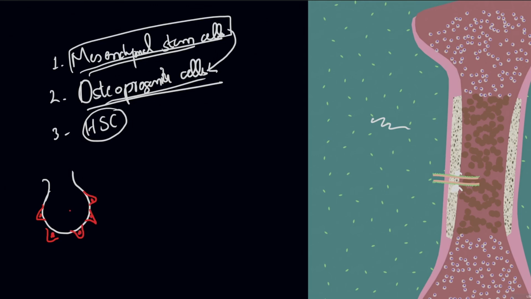But later, the yolk sac regresses a lot. Some part of it is incorporated into the GIT, and the other part is regressed.